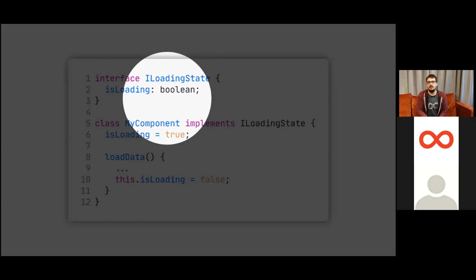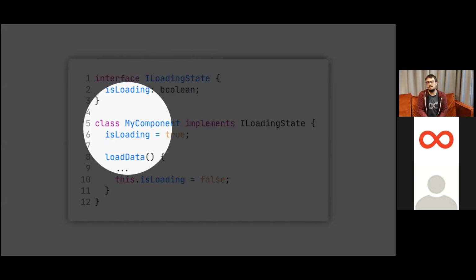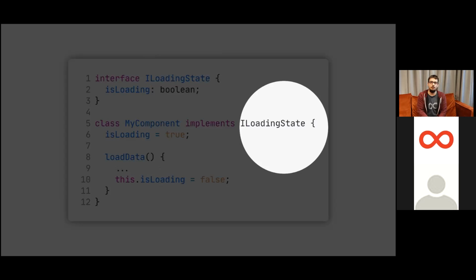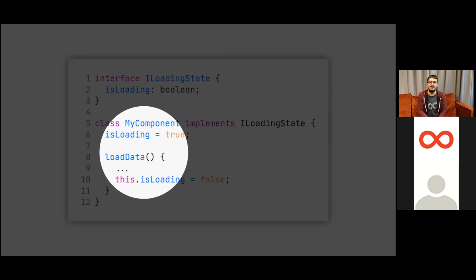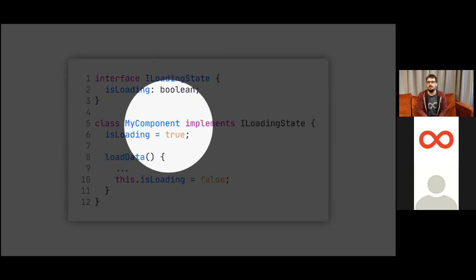And now, for example, our component, which is a class, so this is maybe an old React or Angular example, will have to implement the ILoadingState interface. And here we see that we have to add this line, isLoading, and we set it to some initial value.